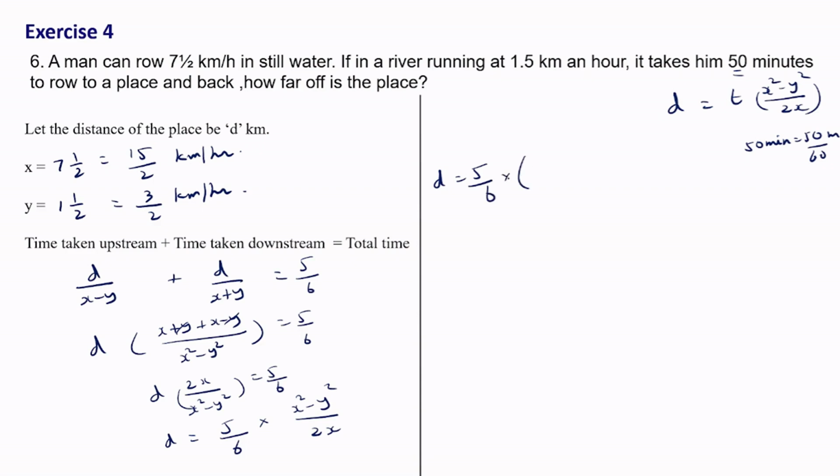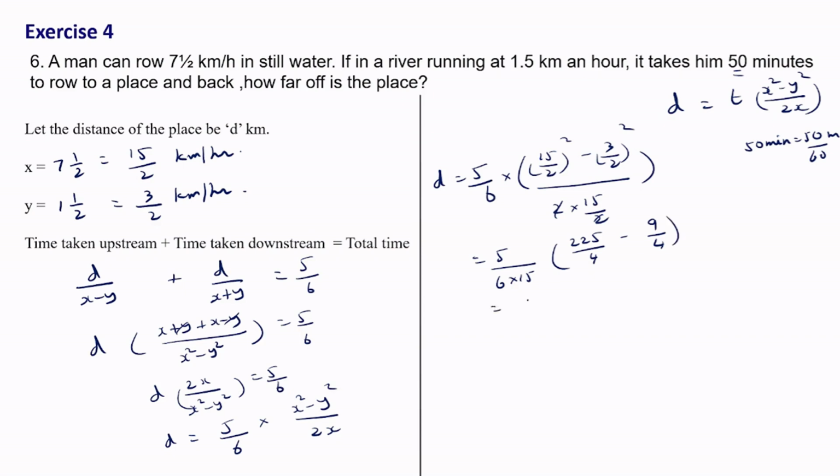D is 5/6 into, x is 15/2 and y is 3/2, 15/2 the whole square minus 3/2 the whole square upon 2 into x, which is 15/2. So this is 5/6 into 15, where 15/2 the whole square is 225/4 minus 3/2 the whole square is 9/4.